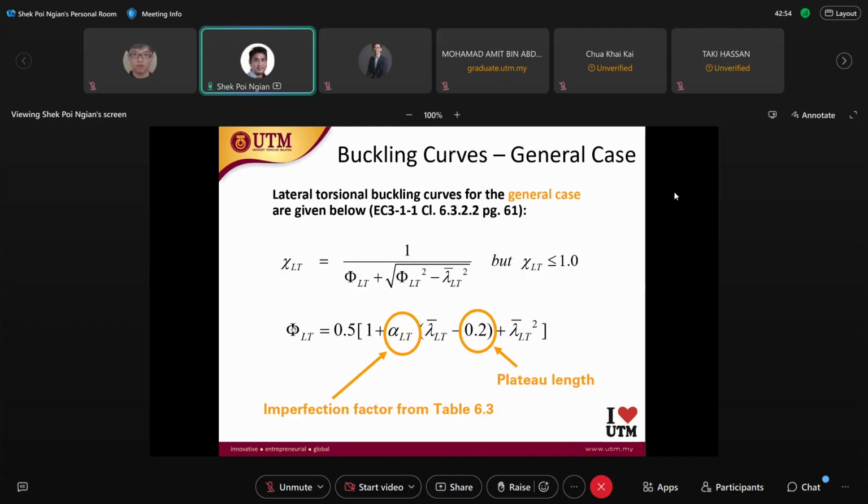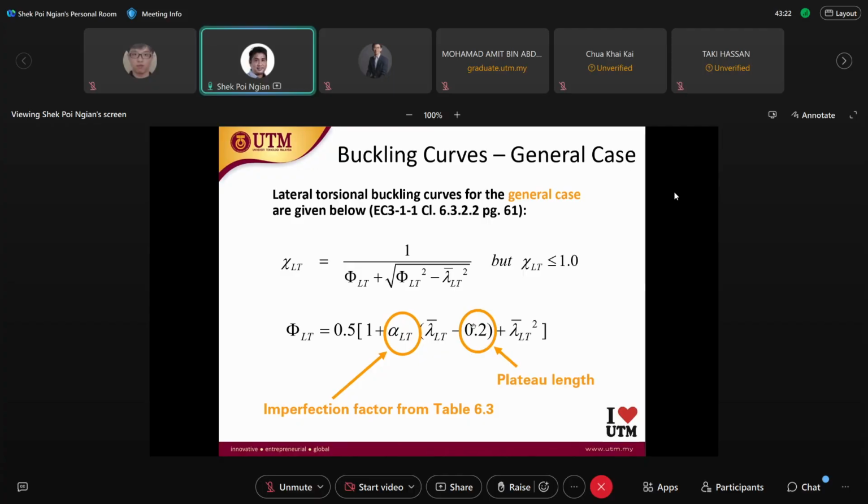And then to get the phi LT, it is given by 0.5 multiplied with 1 plus alpha LT, where alpha LT is the imperfection factor from table 6.3, and then we multiply with lambda LT bar minus 0.2.